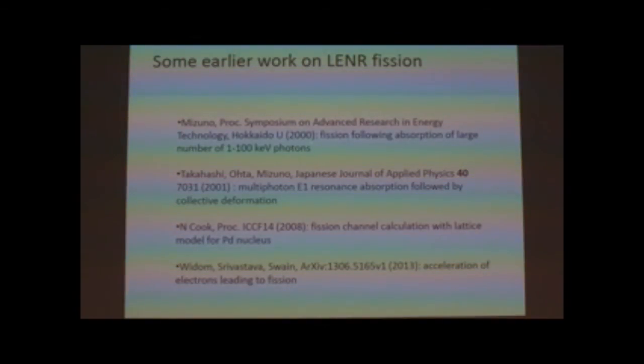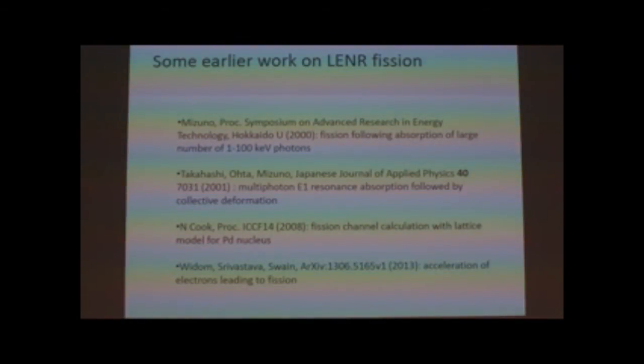The proposal was that a large number of lower energy photons was occurring to get you up to a compound state, and then you'd fission. Mizuno hooked up with Takahashi and some colleagues, and they published this kind of model. Subsequently, there are many publications and calculations of all kinds of fission events from this kind of model. We heard from Cook, who has this lattice nuclear model and is calculating fission probabilities.